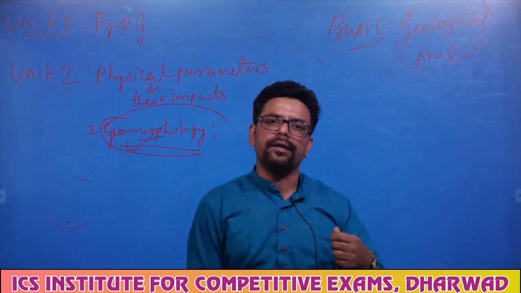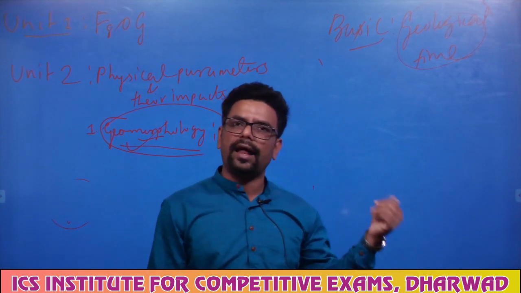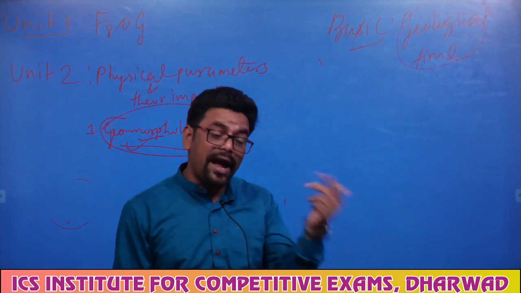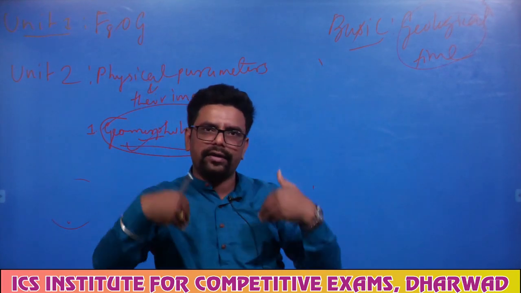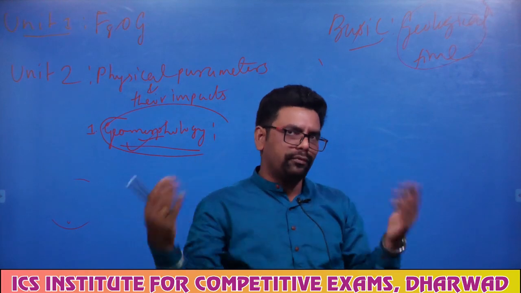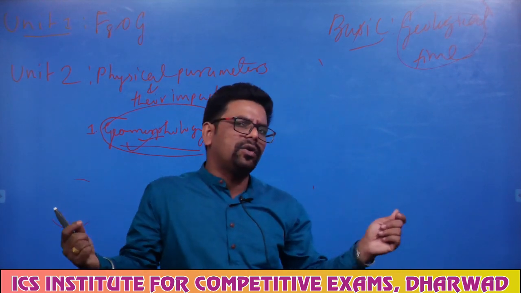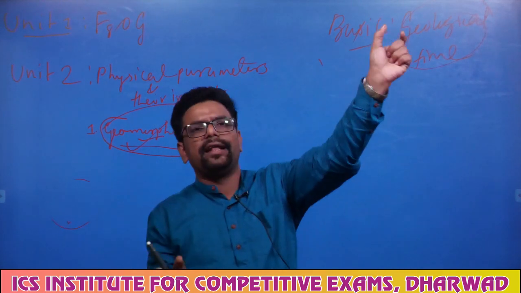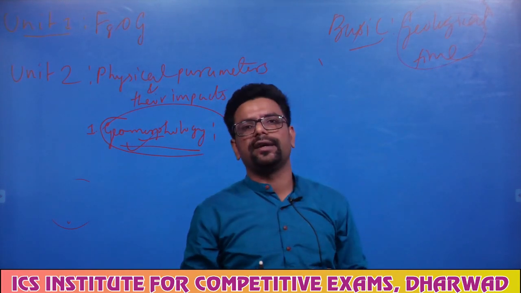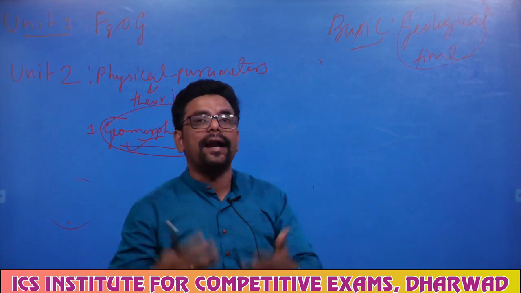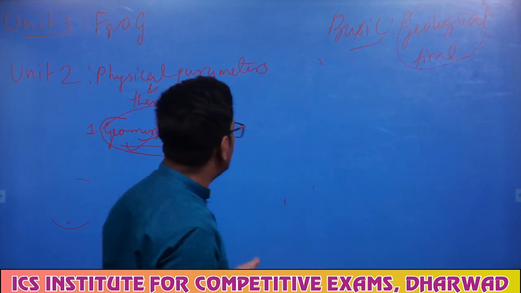As I personally believe, if you have concept clarity, adding any static to it is easy. For example, if you have understood how the Himalayas were formed, it's very easy to add the length of the Himalayas. So just focus on the concept, and then you can go on to adding the static. Okay, I hope you are getting it.